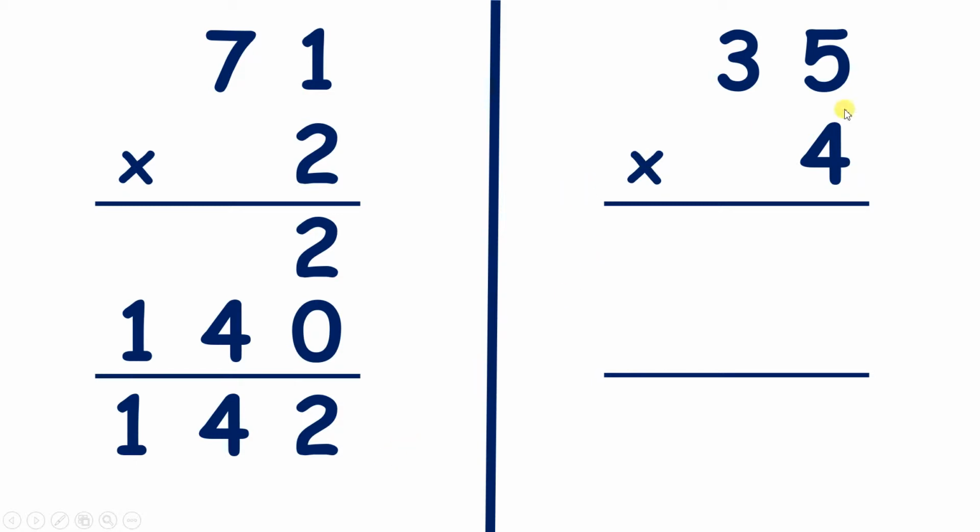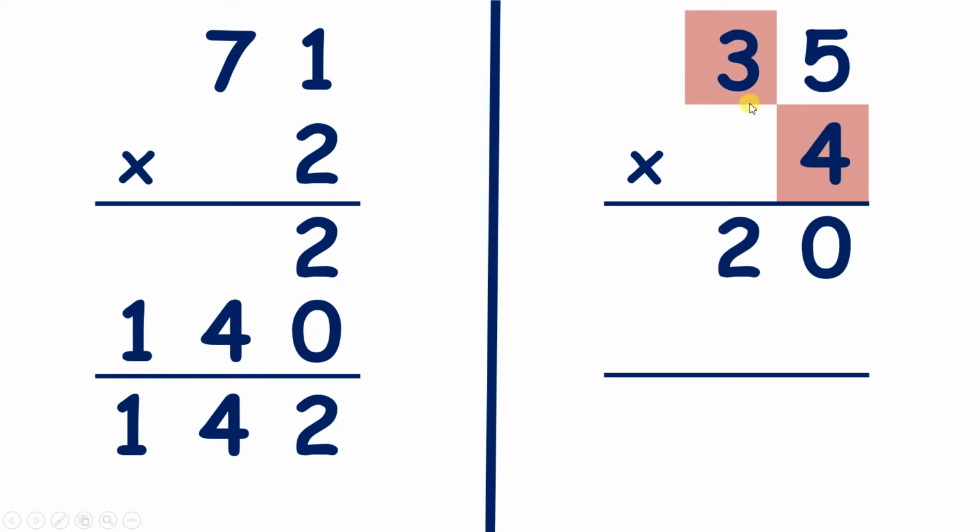Now pause the video and use the same method to answer 35 times 4. So we can start with 5 times 4, which is 20, and now we can move on to 3 times 4.